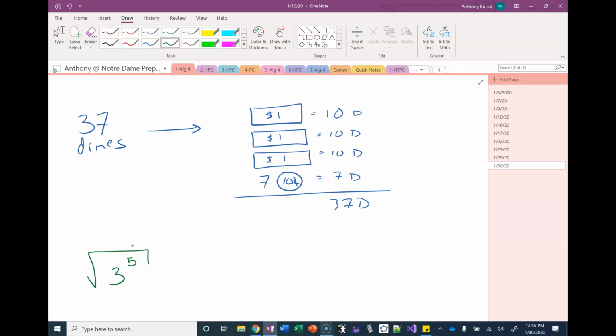So if we think about the square root of 3 to the 5th in the same way, what's going to happen here? What is the exchange rate here between things under the radical and things outside the radical?